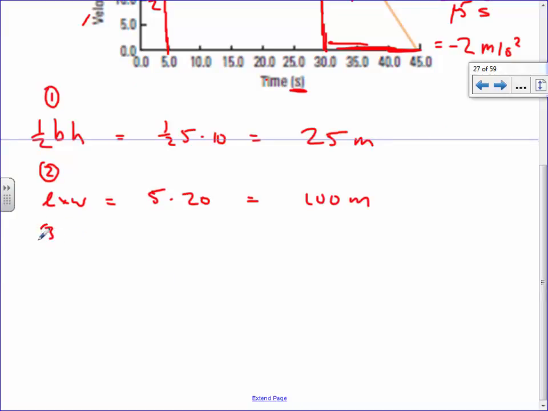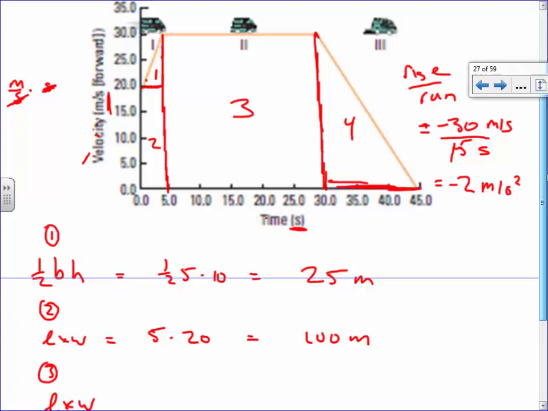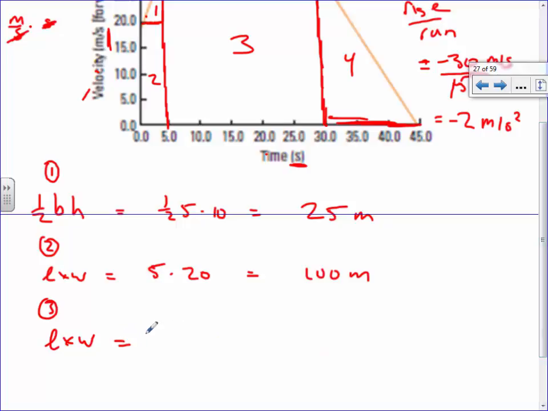Okay, third one is also a length by width box. It looks like it's got a height of 30, right? So 30 is one of them. I know it ends up at 30 right here, but it's not 30 wide. I don't know off the top of my head. 600 maybe? 750?